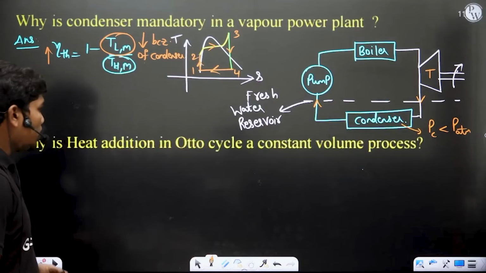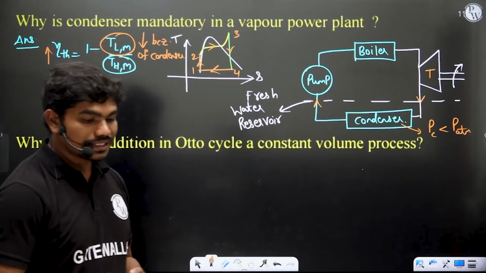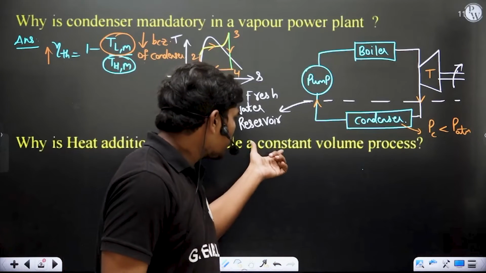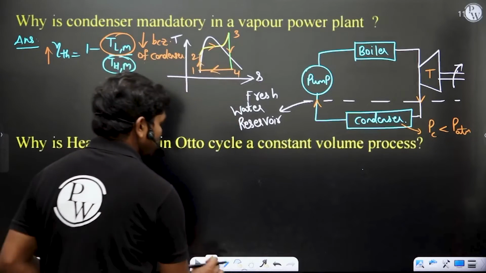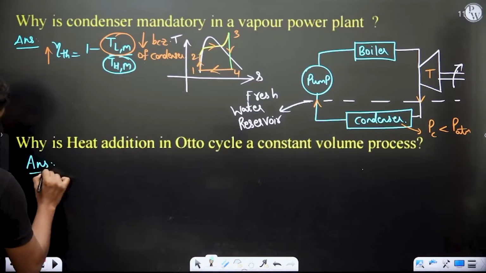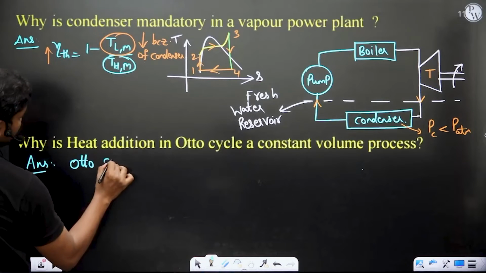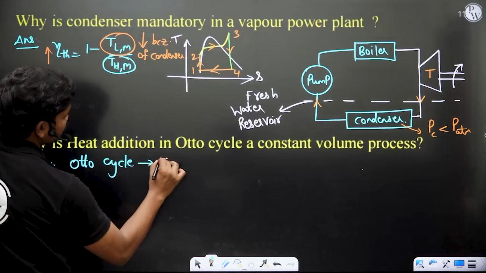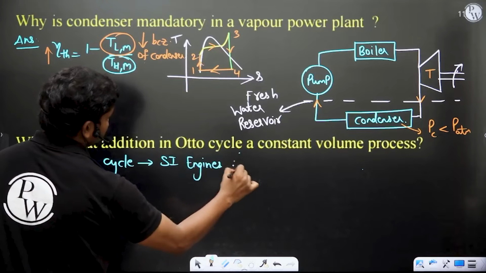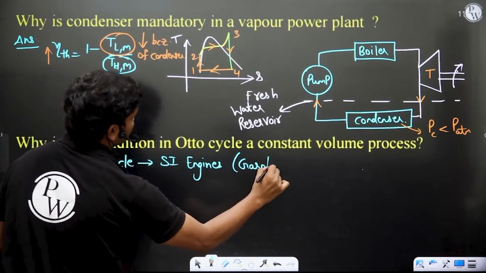And this question: why is heat addition in the Otto cycle a constant volume process? The advantage of the constant volume process, look, I'll tell you. Generally the Otto cycle is designed on the basis of spark ignition engines, correct? And the substance that we use is normally gasoline.